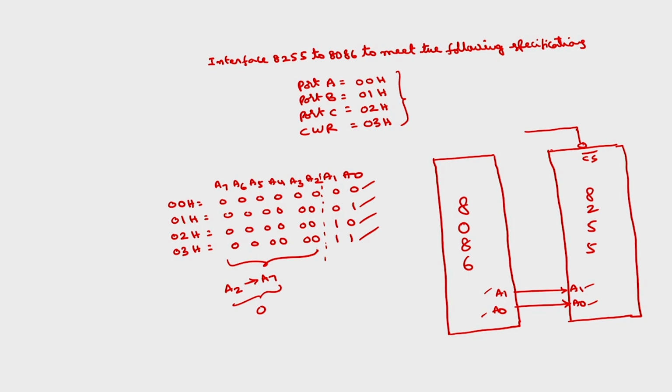So you take A2 to A7, A2, A3, A4, A5, A6, A7, and connect to a gate. You choose a gate such that whenever all the inputs A2 to A7 are 0, the output is 0. If any one of the inputs is 1, the output is 1. Okay. So what is that gate? OR gate, right?